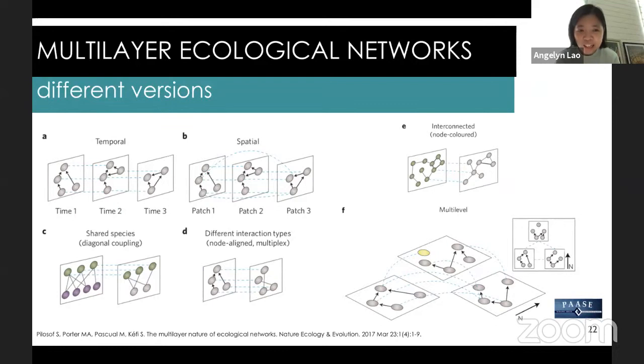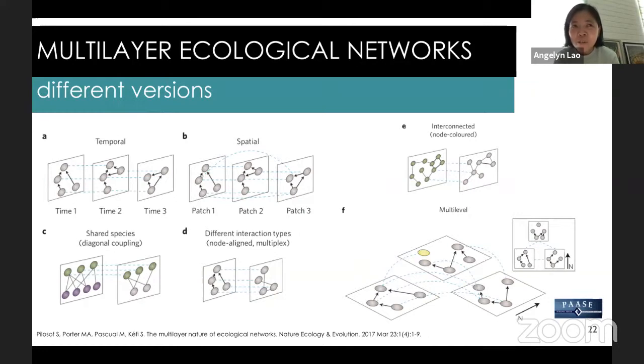And for the game theory approach, I'm not sure how game theory can be applied to that, because that might involve knowing or defining the interaction between the species, maybe.